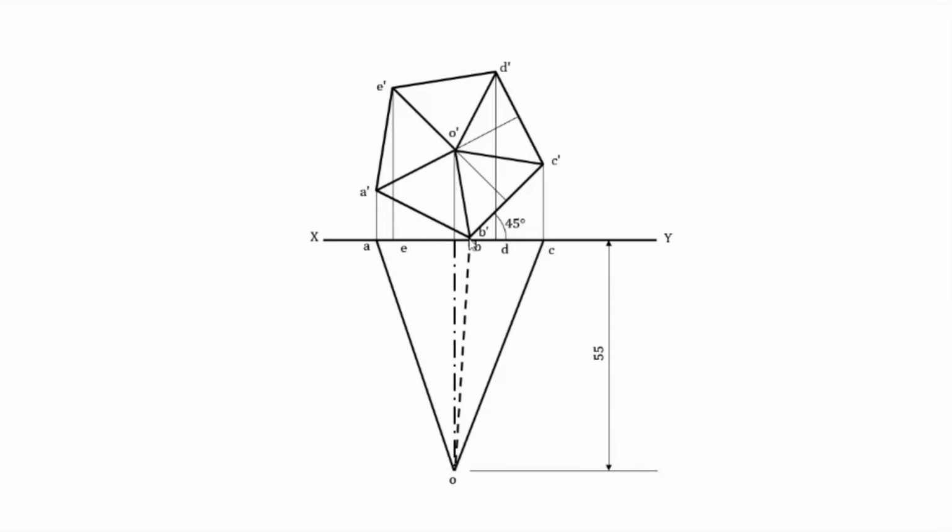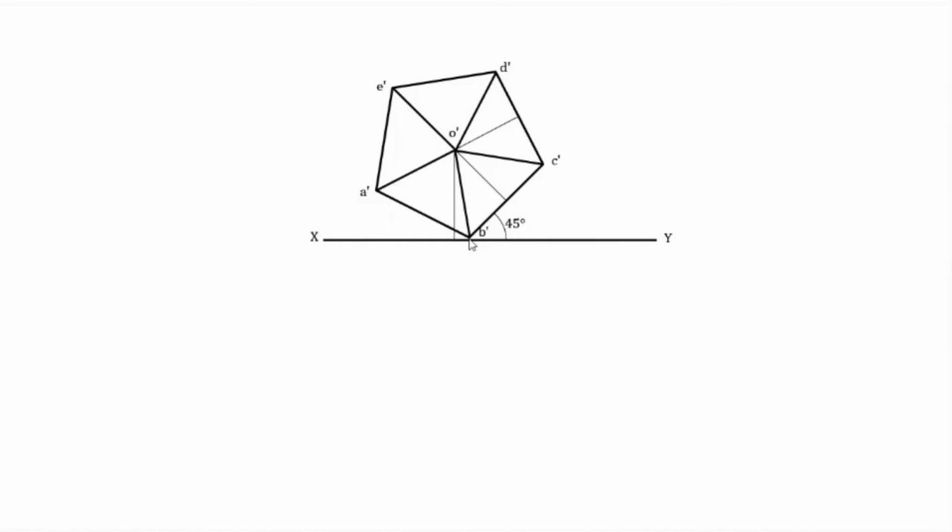Then CO, DO and EO. Except BO, everything else is dark lines or continuous lines. BO will be the dashed line. Okay, let me show it once again, and this is the final figure that you prepare.